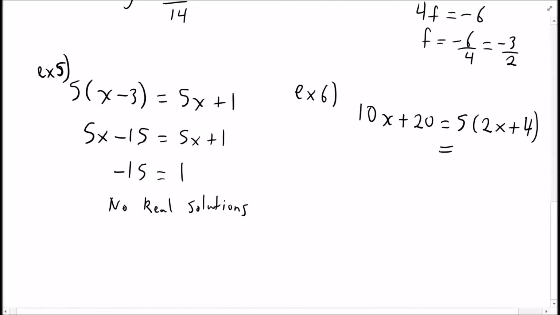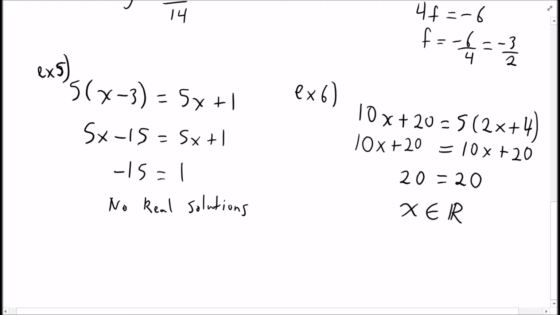So 10x plus 20 equals 10x plus 20. And if I minus the 10x, I end up with 20 equals 20. And this is the case where both sides are equal to each other, so that means anything's possible. So x is an element of the real numbers.